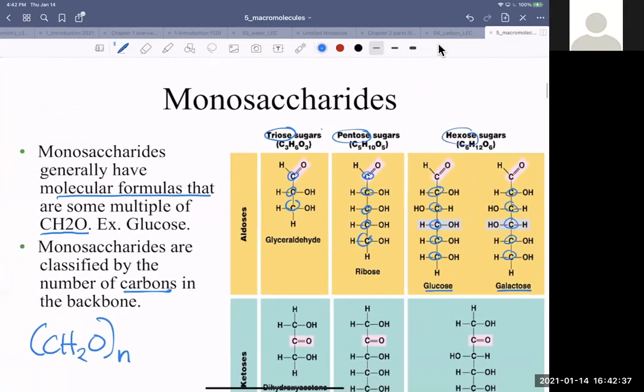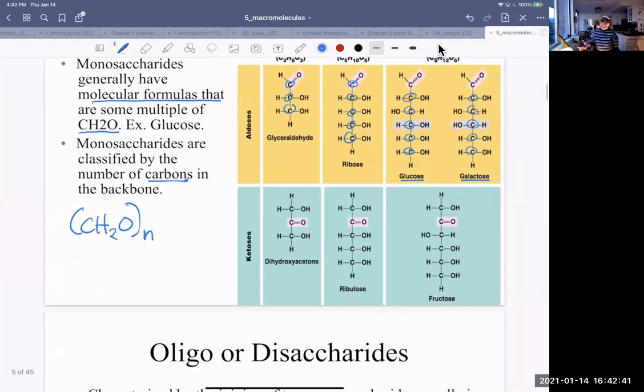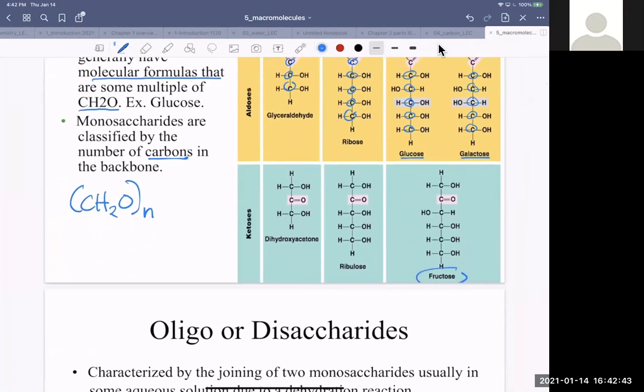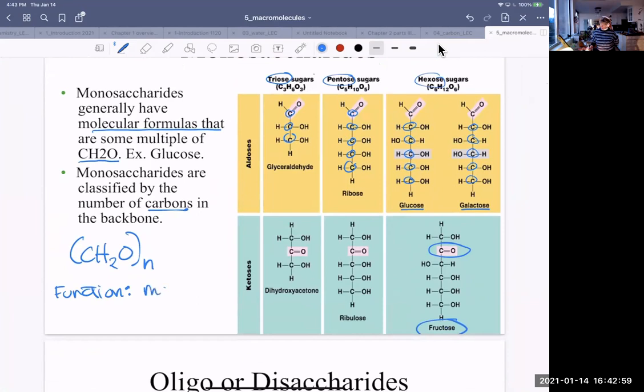And what is the function of monosaccharides? Here's fructose here. One major difference, double bond to that carbon. Function, major fuel for cellular work.